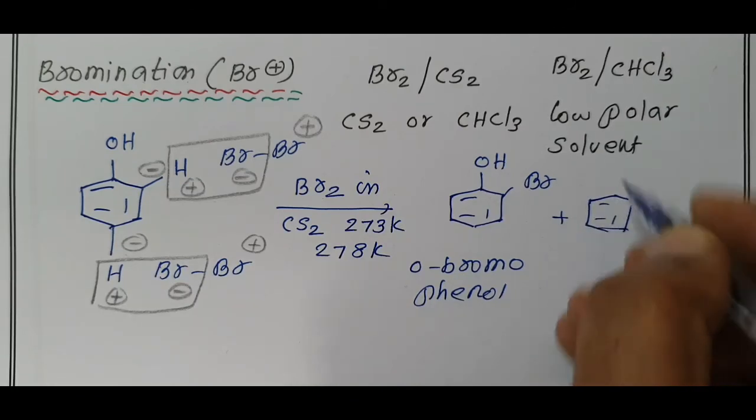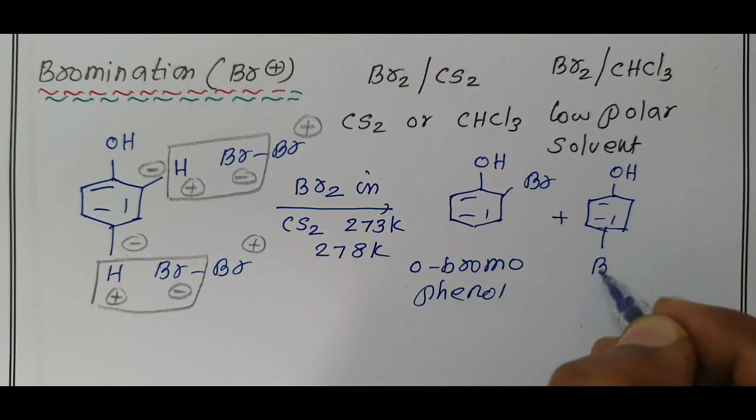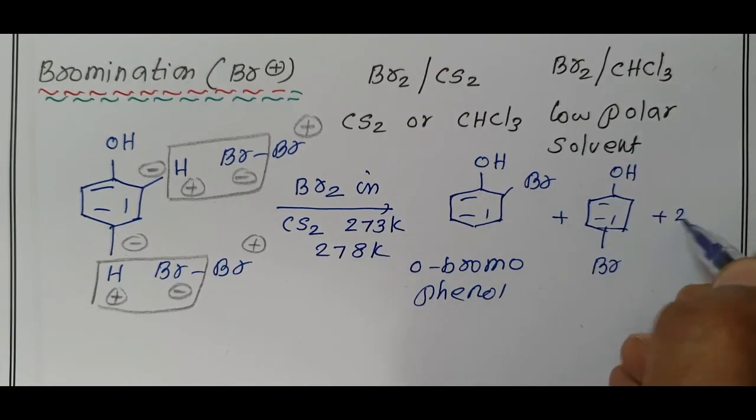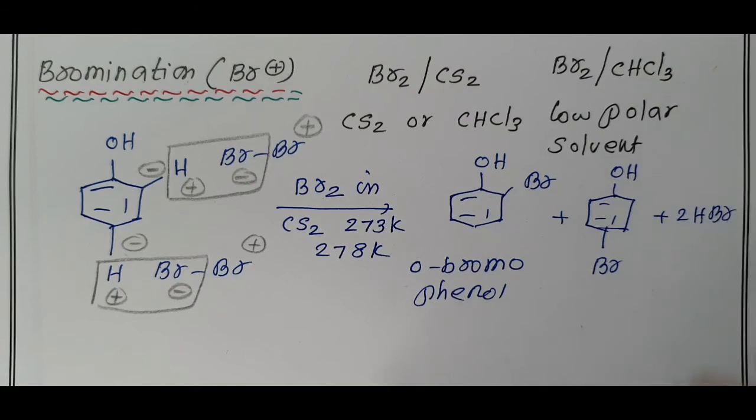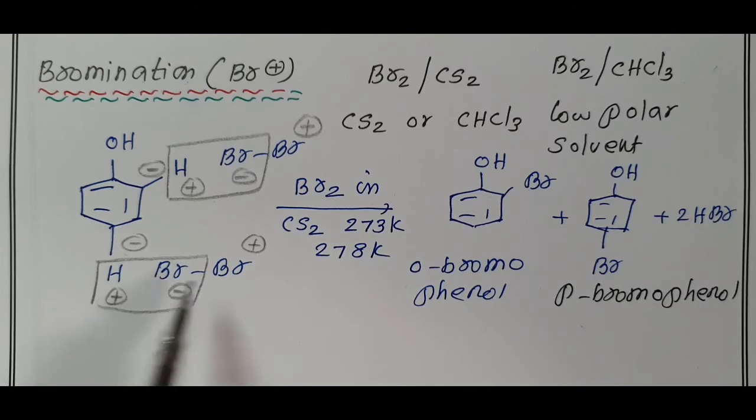Here you have one OH, and on the para carbon one Br. Totally 2 HBr are removed. What is the name of that compound? Para-bromophenol.